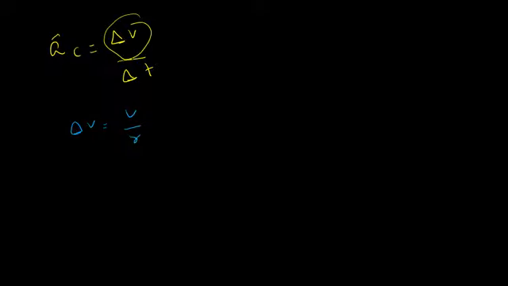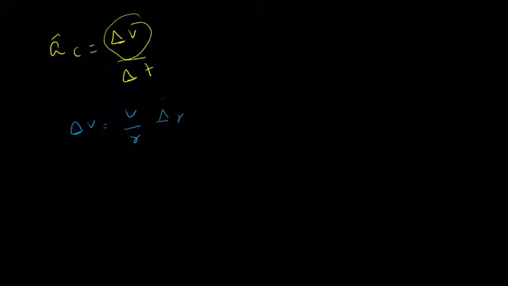Now the acceleration is equal to delta v divided by delta t. Here I can put the value of delta v from equation 1, which is v over r into delta r.